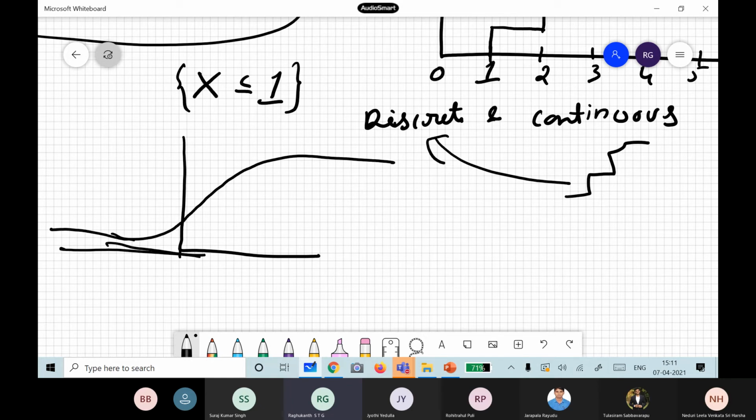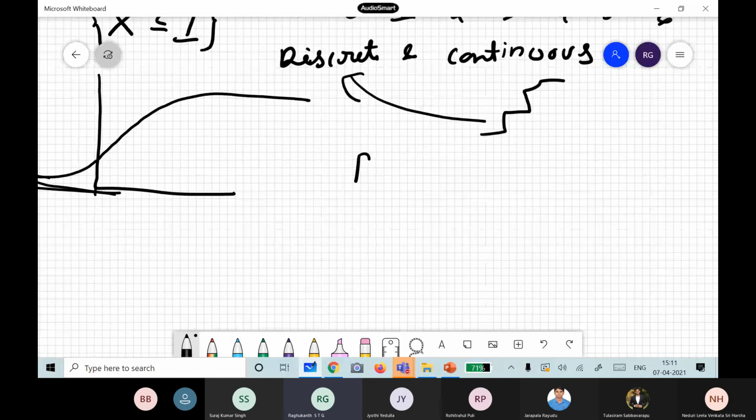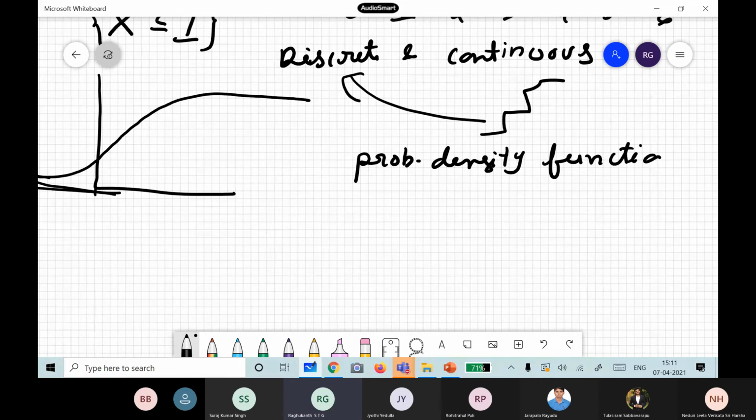Now in probability theory, apart from the distribution function, we also use a probability density function. What is meant by density function? Now, what is the relationship between density and distribution? You are hearing it for the first time, or you would have studied, right?